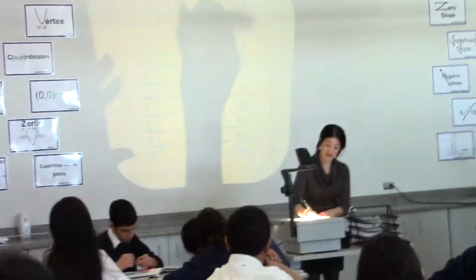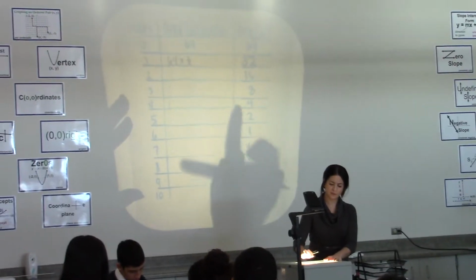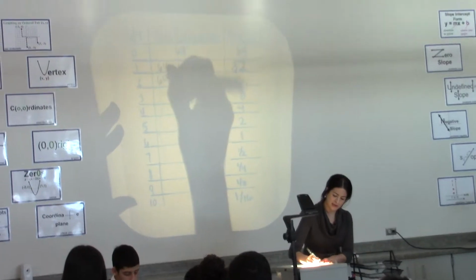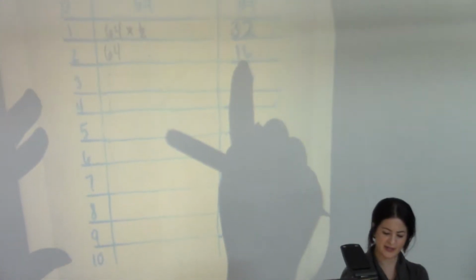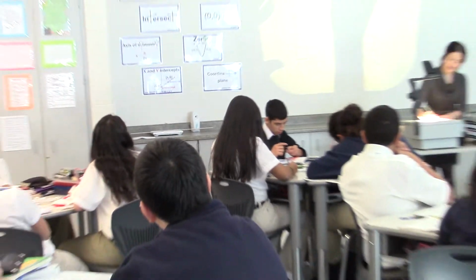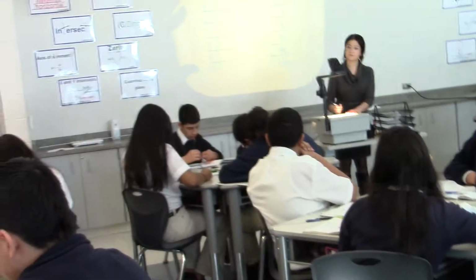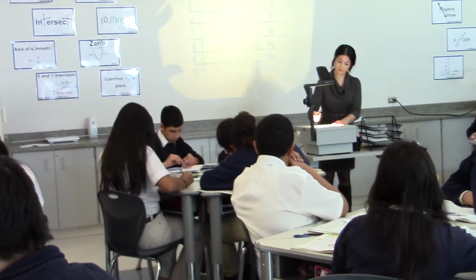Okay, so we multiplied it by half. What then would have happened in this calculation to find the area of 16? So if we had multiplied it by half, it would have been 32.